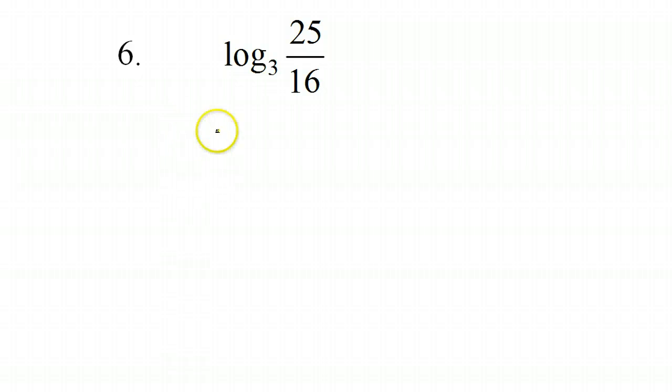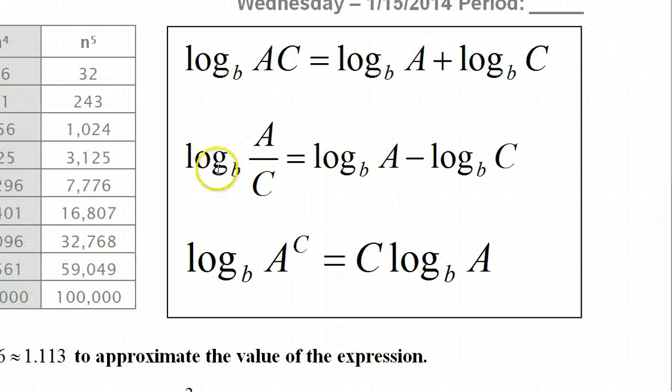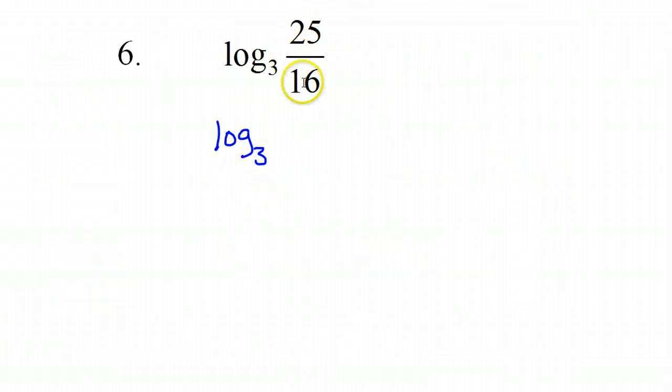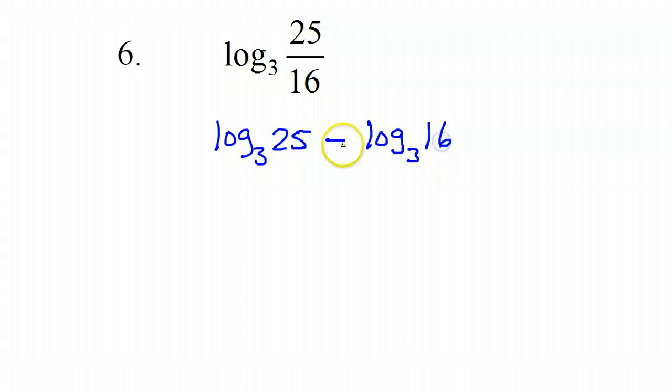First of all, let's go ahead and use the second rule, the one where division becomes subtraction, because I see this big fraction here. So that would make this log base 3 of 25 minus log base 3 of 16.